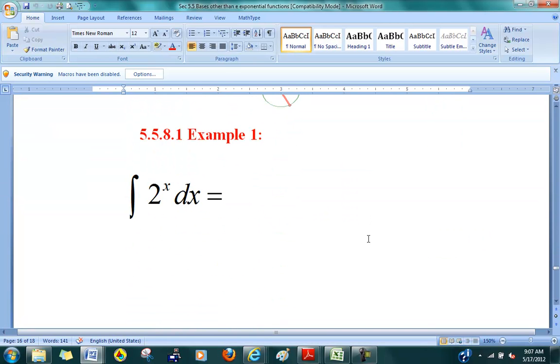So first example. The answer? Yes. 1 over ln 2 times 2 to the x, not 2x, but 2 to the x, plus c. Nice. 1 over ln 2 times 2 to the x plus c.